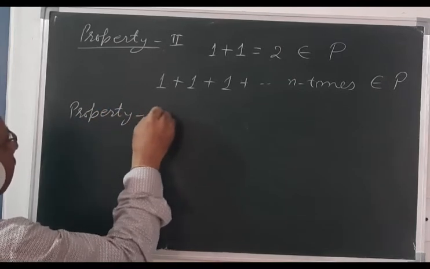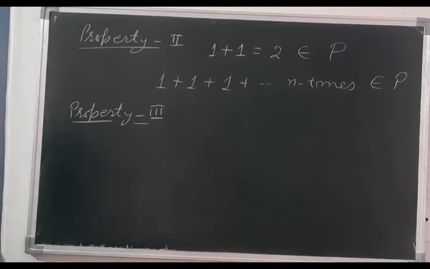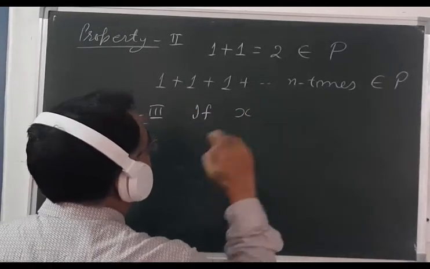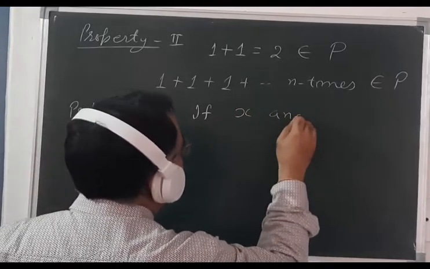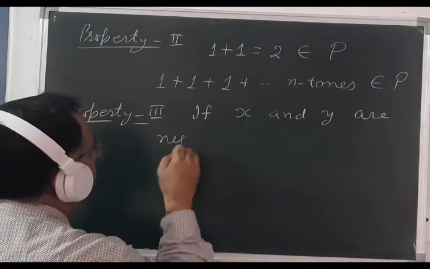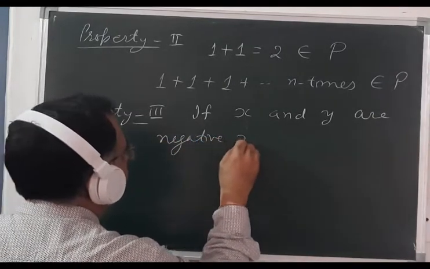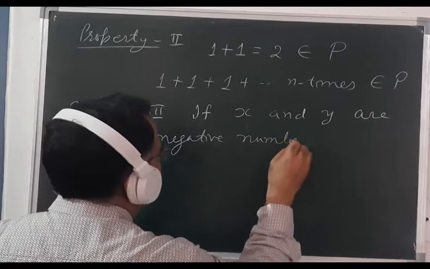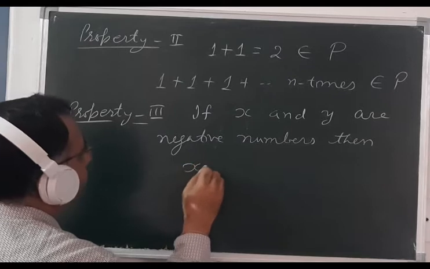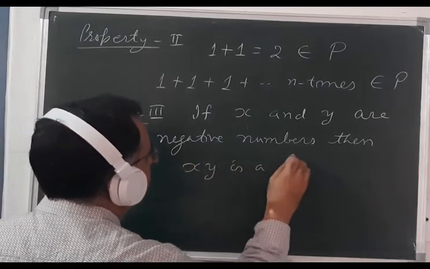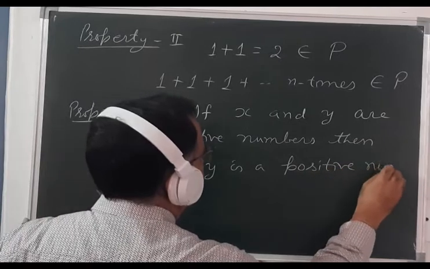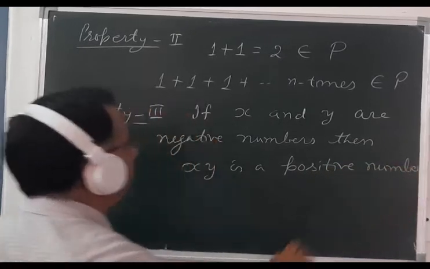Property 3. If X and Y are negative numbers, then XY is a positive number.